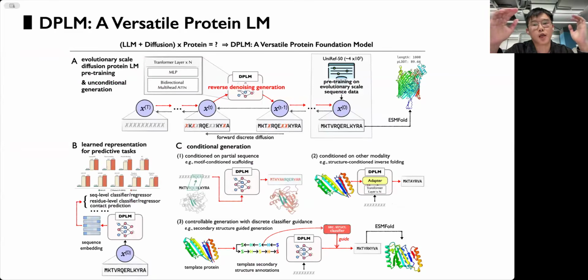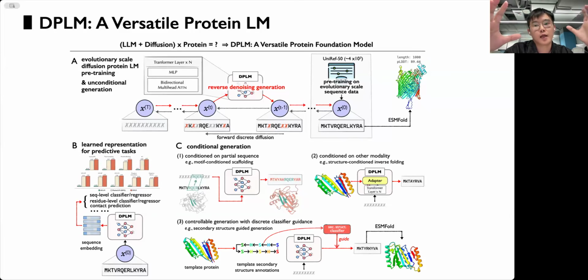So this is the overview of our work. We are building our language model based on discrete diffusion, and we pre-trained our discrete diffusion language model on evolutionary-scale sequence data.